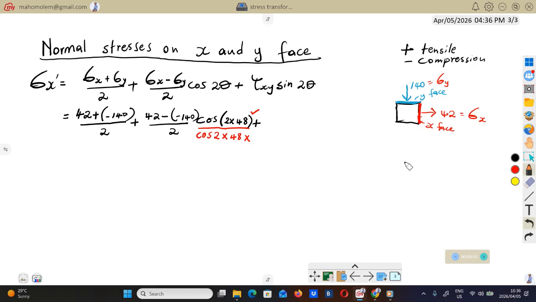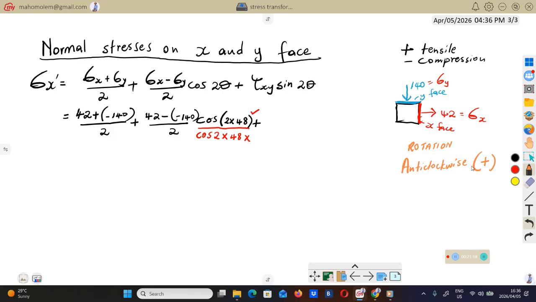We take anti-clockwise rotation as positive.